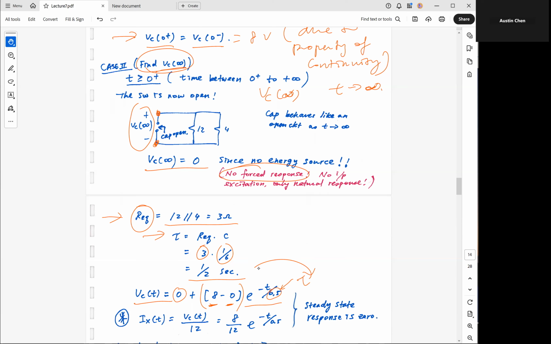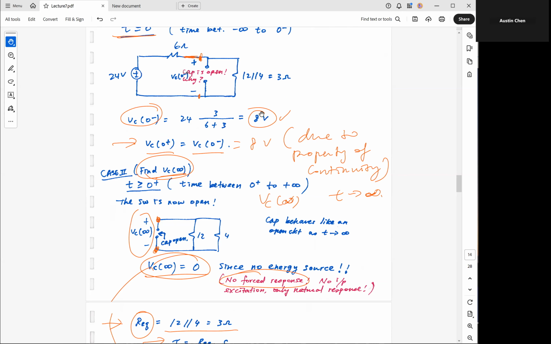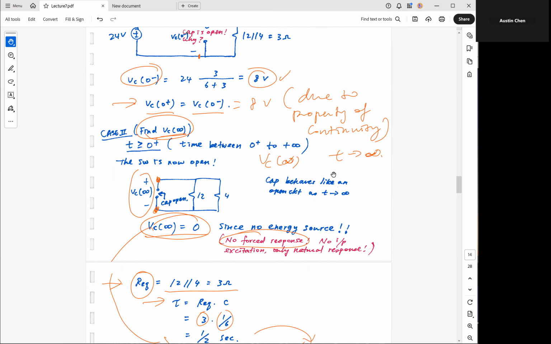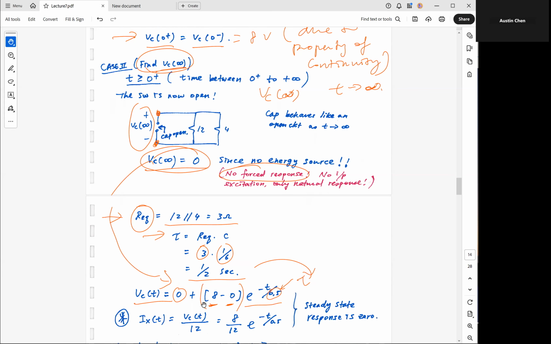My final value is 0 volts, so this is my 0 volts over here. And then the initial value is 8. I should look at this one because I need to look at VC at 0 plus. VC at 0 plus is equal to 8. This is coming from the property of continuity. So I have all the variables here, and just plug back into this template, and then you're done.